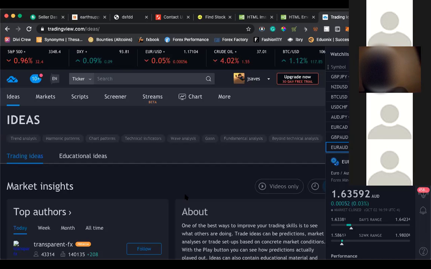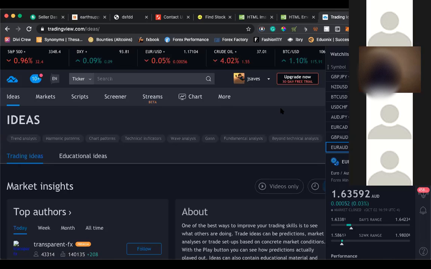They are very important. Even if you want to rely on signals, you have to know what a stop loss is, and you have to know what TP is.